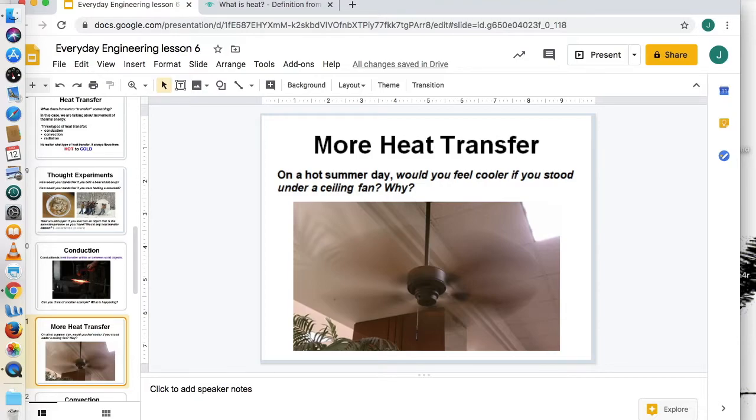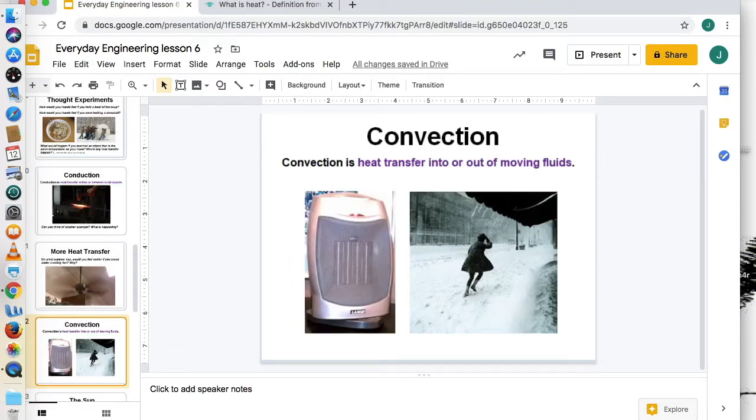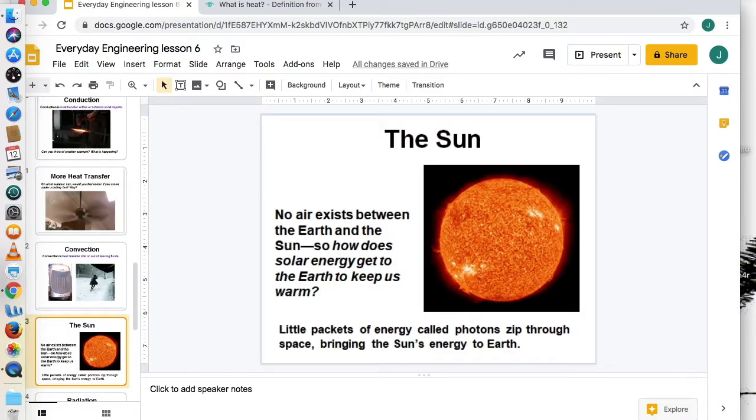All right. Moving on. Convection is the next idea we're talking about. Convection is heat transfer into or out of moving fluids. And so the sun, right? No air exists between the earth and the sun, so how does solar energy get to the earth to keep us warm?